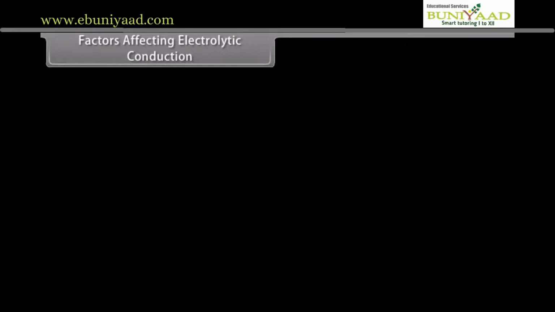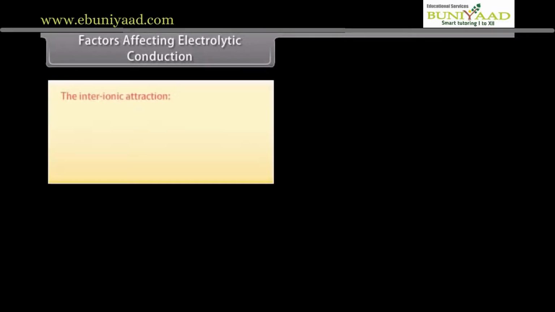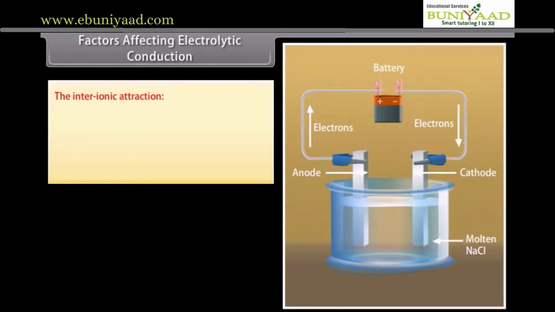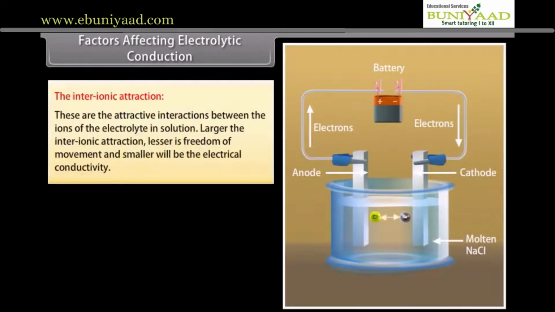Factors affecting electrolytic conduction. Electrical conductivity of the solutions of electrolytes depends on the following factors. The inter-ionic attraction. These are the attractive interactions between the ions of the electrolyte in solution. Larger the inter-ionic attraction, lesser is the freedom of movement, and smaller will be the electrical conductivity.